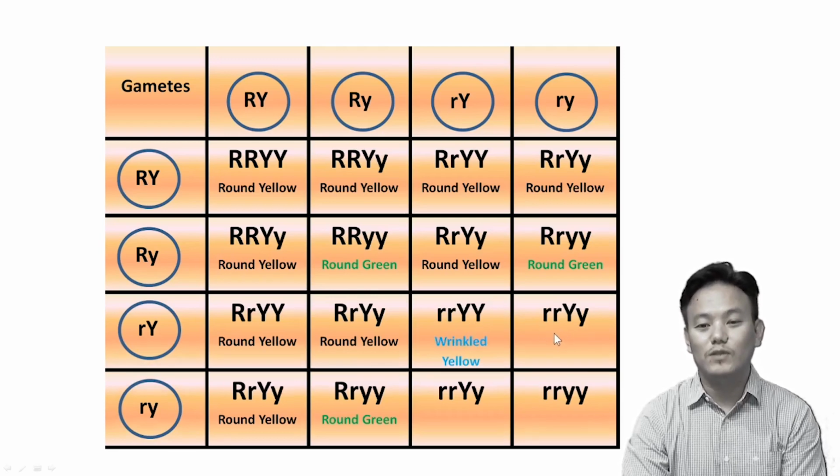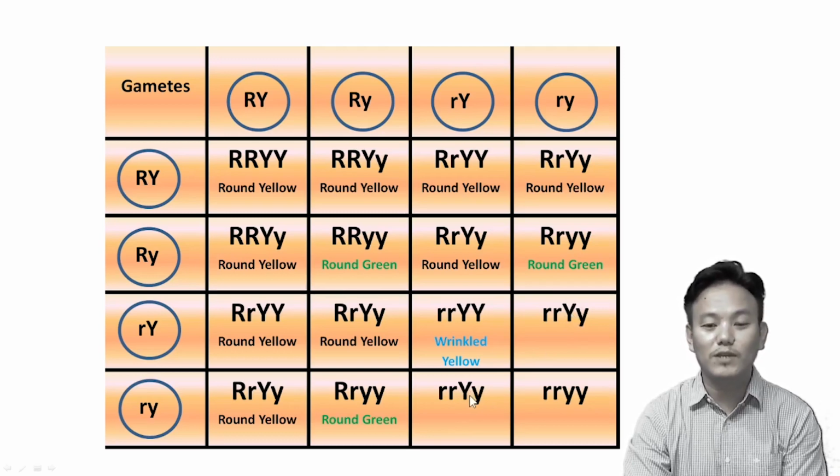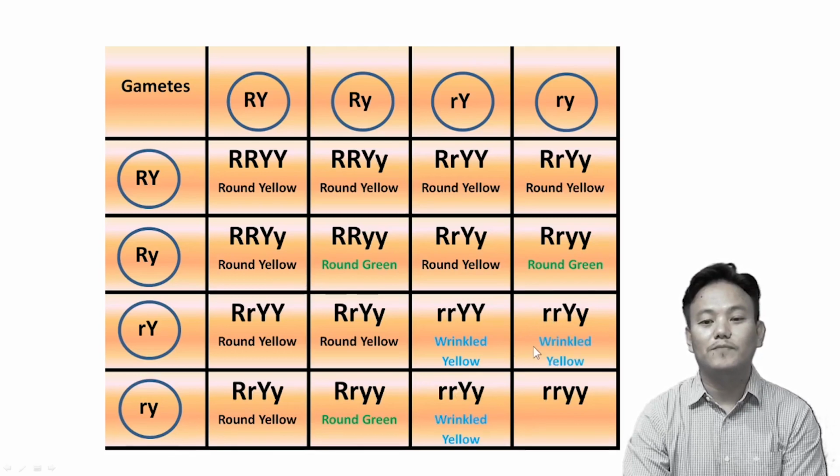Okay, so this is also wrinkled yellow and this is also wrinkled yellow because this one is having capital Y, or this one is also having capital Y. So the seed color will be yellow, but the seed shape will be wrinkled. Okay, so over here. And the last one, it is homozygous recessive for both the traits, and therefore the last one will be wrinkled green. Okay, so this will be wrinkled green.